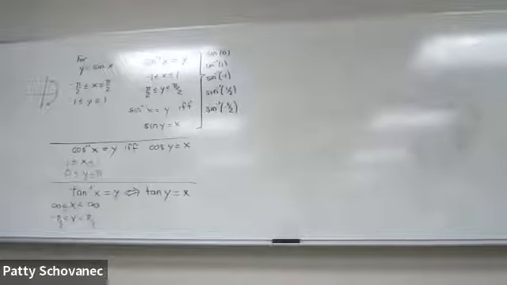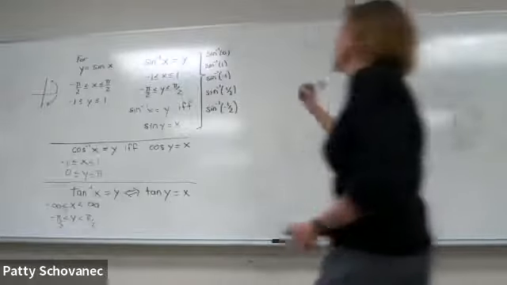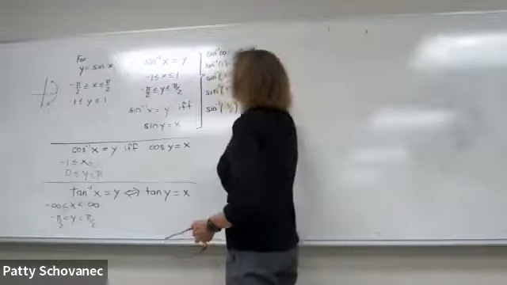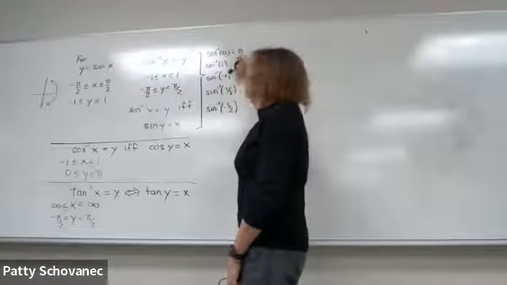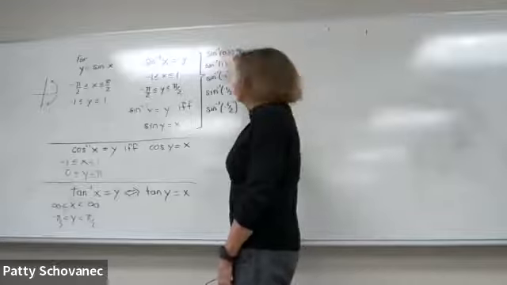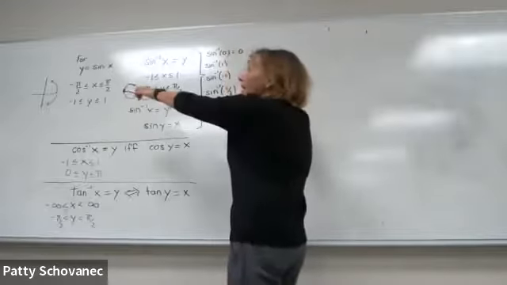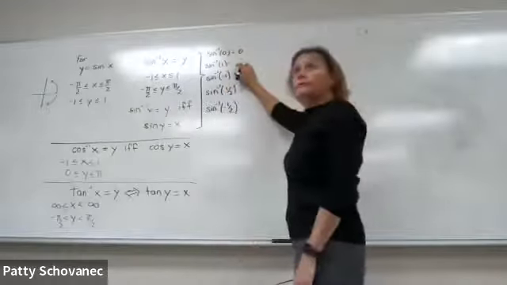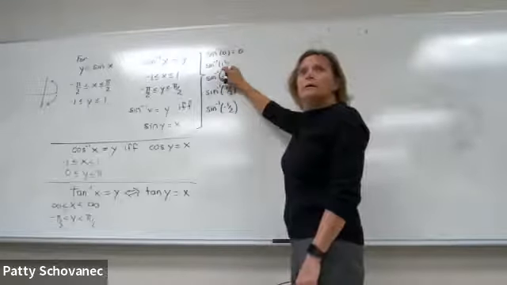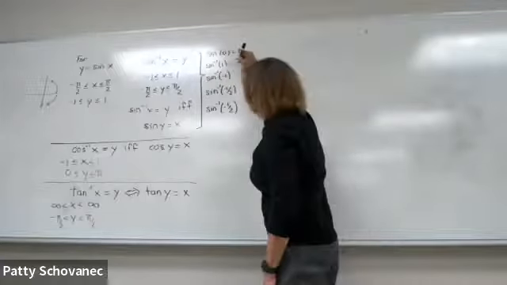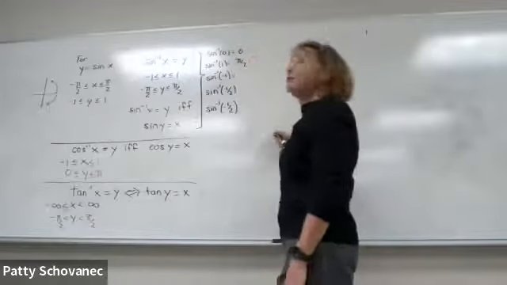What angle do we take the sine of to get 0? Sine of 0 is 0, so the inverse sine of 0 is 0, because the sine of that angle is that number. What angle in that interval do I take the sine of to get 1? Pi over 2? Good. So what angle do I take the sine of to get -1?